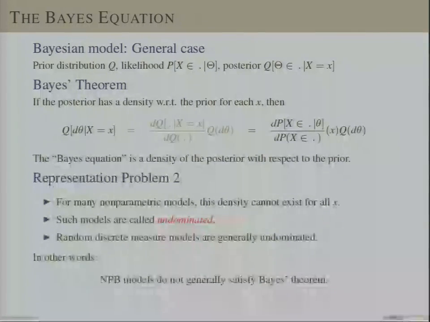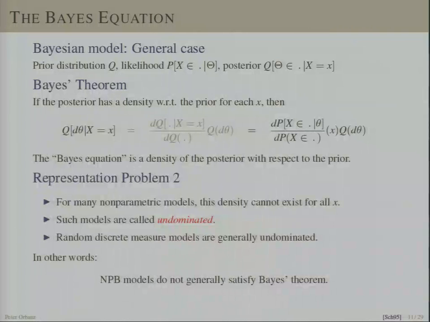Basically what Bayes' theorem says is we have these abstract quantities, we have no idea how we can handle them, but under certain conditions, which hold in parametric statistics, we can nicely express the relation between this and this as a quotient of densities. And that provides us with a concrete connection between the prior and the posterior.